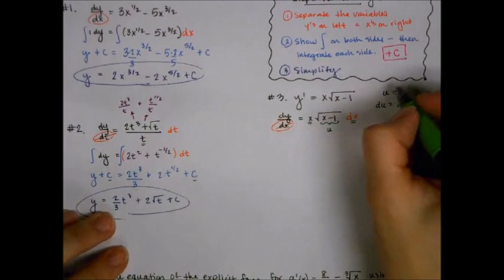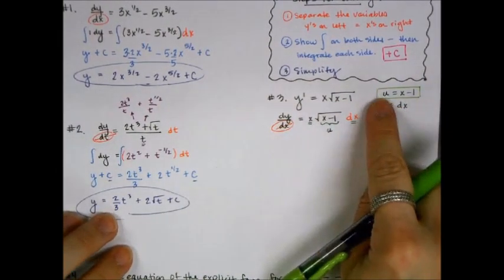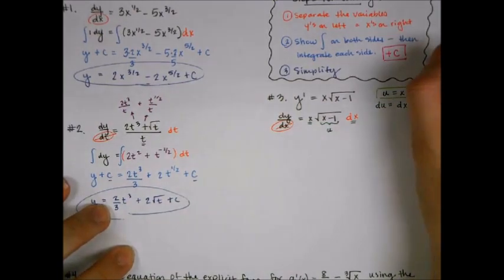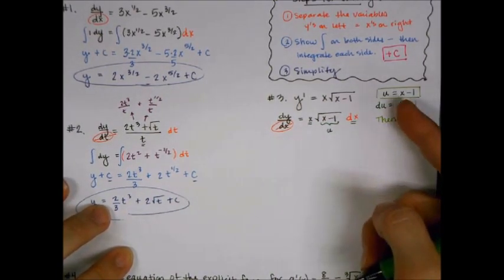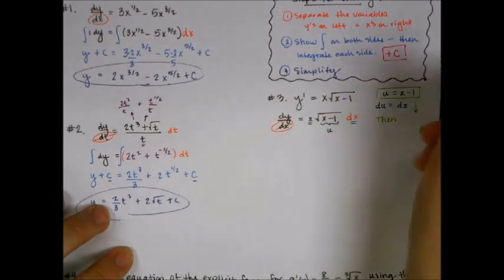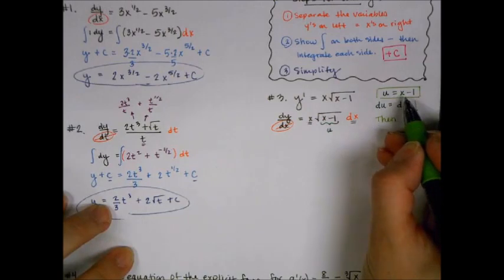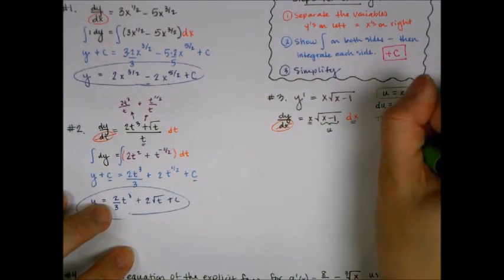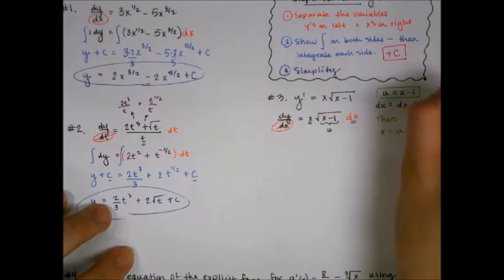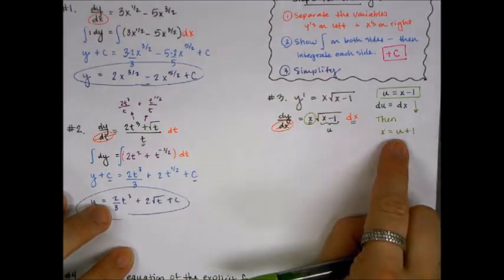If u can replace x minus 1, then what can I replace x with? So let's solve this equation for x. Get x by itself. We're just going to add 1 over, x is equal to u plus 1. And so now I have what x is in terms of u. And so I'll replace x with u plus 1.